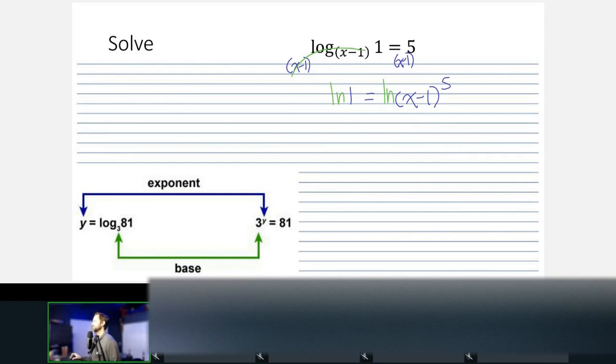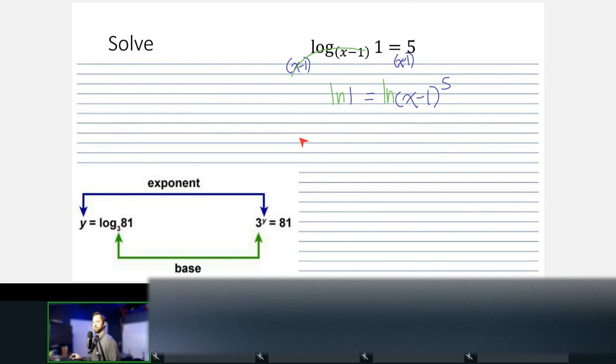I can bring the 5 in front. Yeah, it's one of our log properties. It also applies to natural log. We can bring this exponent in front of the natural log. Oh, and by the way, natural log of 1 is equal to 0.